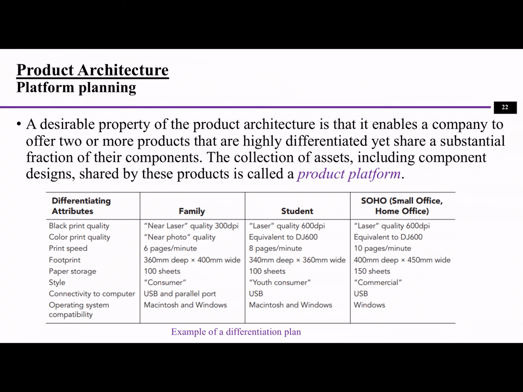And also their families. For example, near laser quality is 300 dpi, and near photo quality, 100 sheets, consumer, USB, parallel port, all of those. So it's more like you have to find out different configurations, and then you group them in different models, right? As a company, you can predefine all these models by yourself.